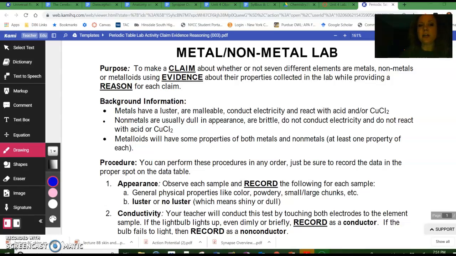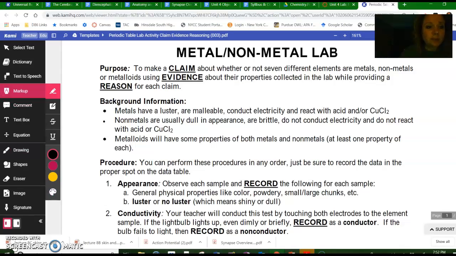But before we start, I just want to call your attention to the green sheet, or the direction sheet that we used, because it's got some background information that you will need to utilize. So I'm going to switch here to a highlighter, because it says under the background information that metals have a luster, which means that they're shiny.